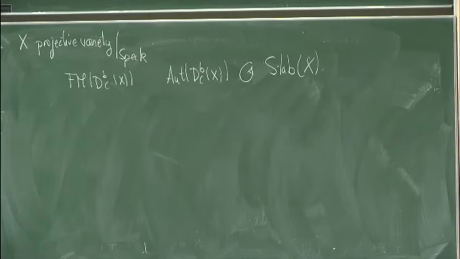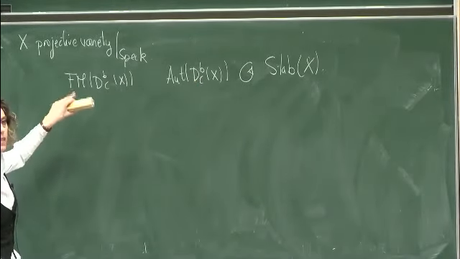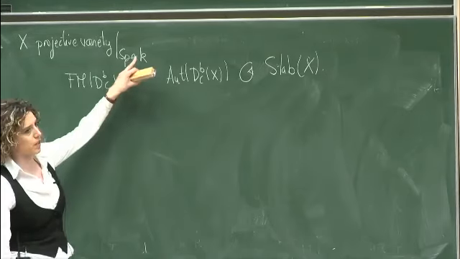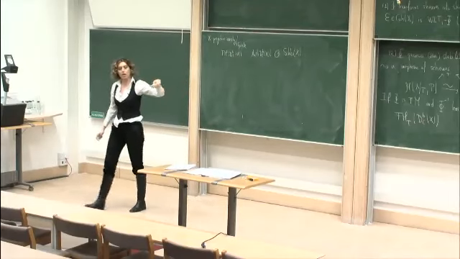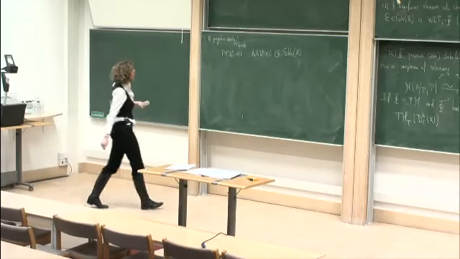So let me very quickly make an overview of what is known about this group and this subgroup in the case when your variety is over the spectrum of a field, and then pass to the relative situation and see what we can do there. Okay?